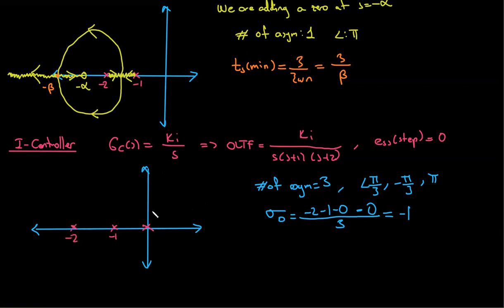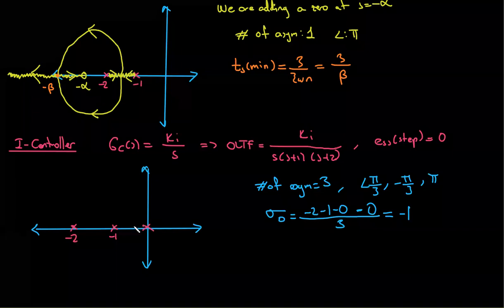Okay. And we have the intersection of the asymptotes over here. So here we have the intersection with the angles pi over 3, minus pi over 3, and pi. So this will be our first asymptote. Okay. The other one is at pi over 3, so it's something like this.